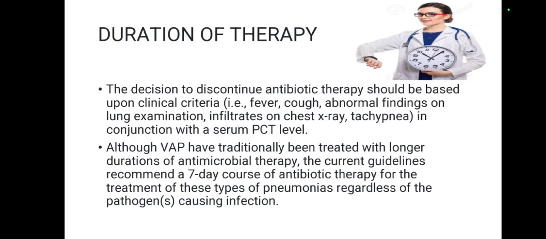Duration of therapy. The decision to discontinue antibiotic therapy should be based upon clinical criteria: fever, cough, and abnormal findings on lung examination. Although ventilator-associated pneumonia has traditionally been treated with a longer duration of antimicrobial therapy, the current guidelines recommend a 7-day course of antibiotic therapy.